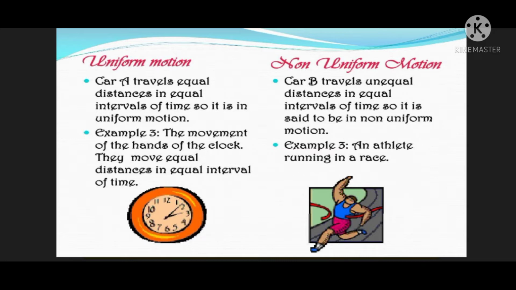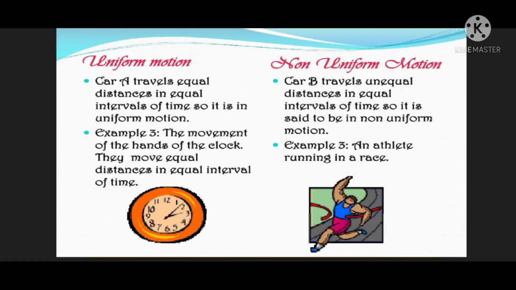An example of uniform motion is the movement of the hands of the clock. They move equal distances in equal intervals of time. And an example of non-uniform motion is an athlete running in a race. So this is the difference between uniform motion and non-uniform motion.